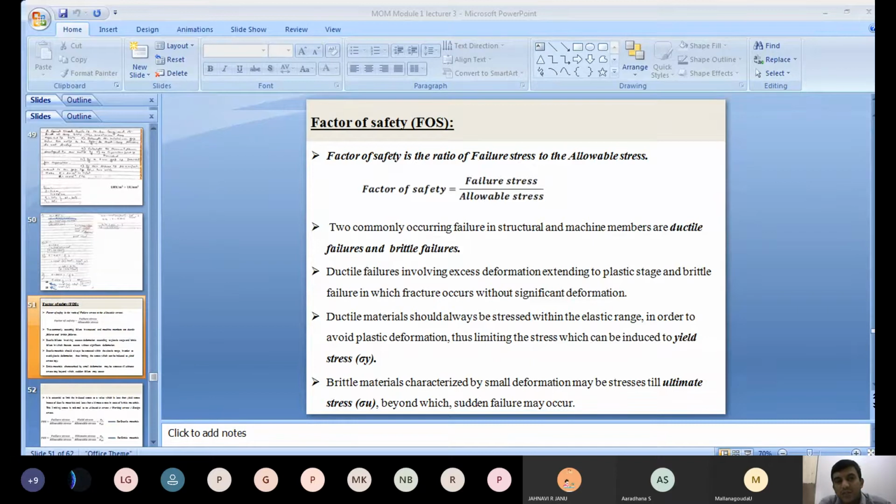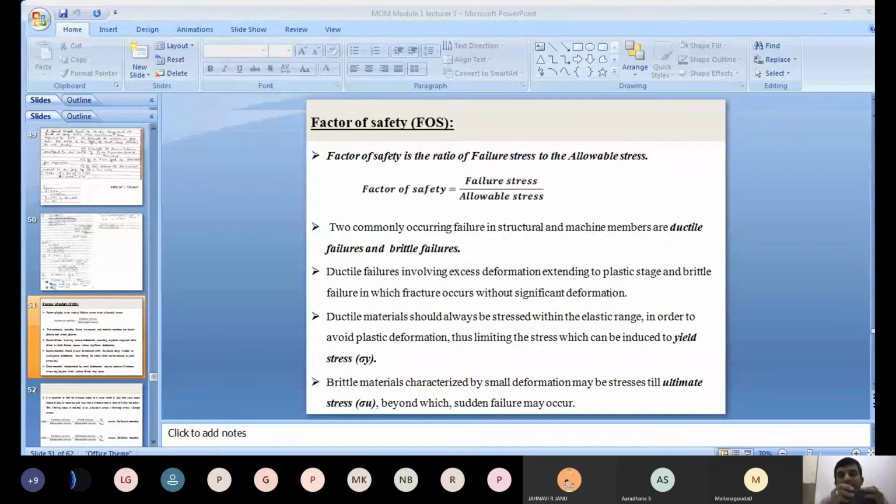See the thickness of the sheet or body of the railway bogies they maintain. Why do they give more material? Because of safety, for the safety of human beings, the safety of the passengers. So the factor of safety matters whenever uncertain loads or an accident may occur, then what happens? The material will fail to withstand the load.